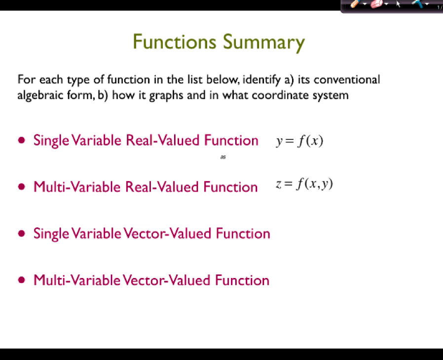Have we seen those before? Yes, okay, so these were like the what? Remember this? r of t. So those should be vectors. So this is our vector valued function, right?